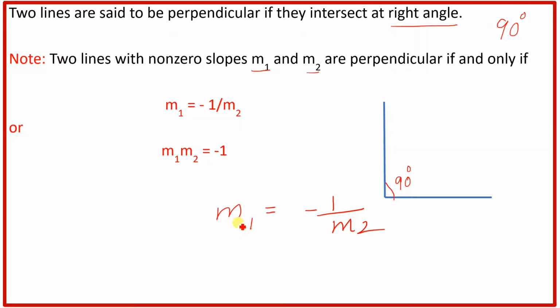When we cross multiply, it will be m1 m2 equal to -1. So when we multiply the slopes of the two equations, m1 and m2, it should be equal to -1. If it is equal to -1, it means the two lines are perpendicular, otherwise not.